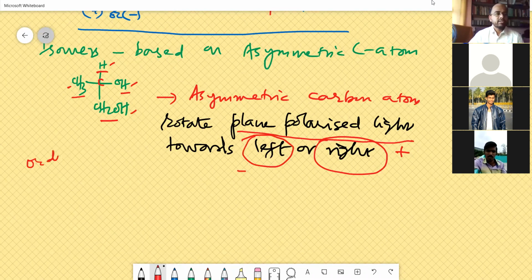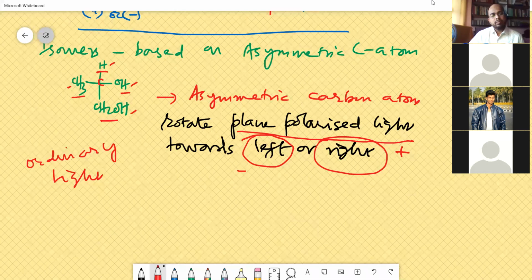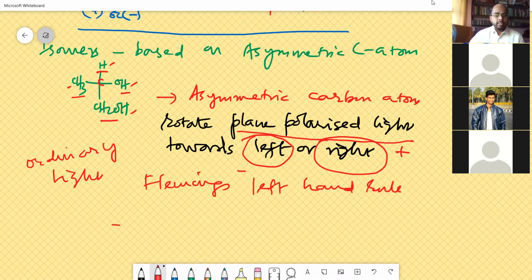Ordinary light obeys Fleming's left-hand rule. What is that? If you have an electromagnetic radiation going in this direction, the electric field will be oscillating in the perpendicular direction, and the magnetic field will be acting in another perpendicular direction.